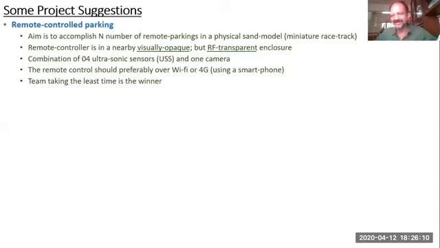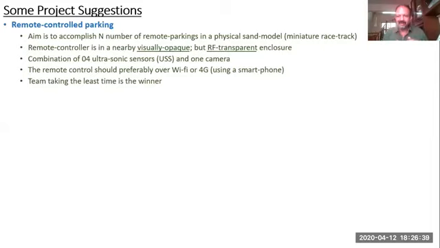So one project suggestion or challenge is remote control parking of a car. There is a room in which some kind of sand model has been made, and the people are connected to their car over a wireless link. You cannot see the car because you are in a different room, but you can see what the camera on the car can see.